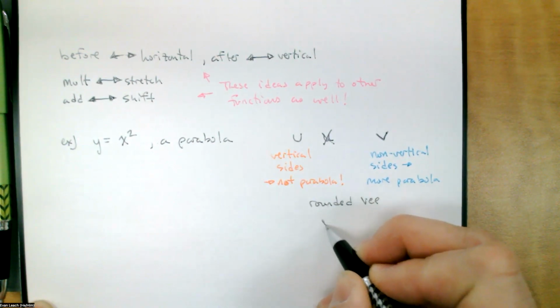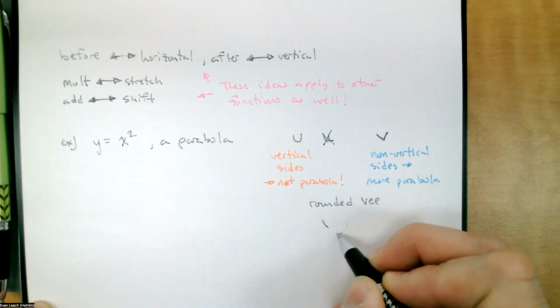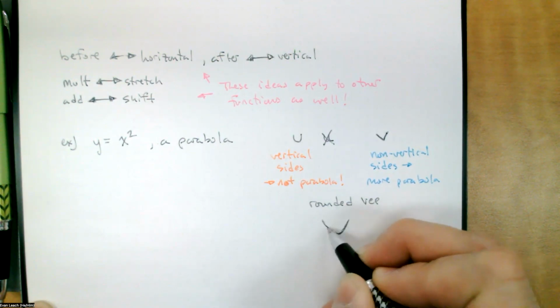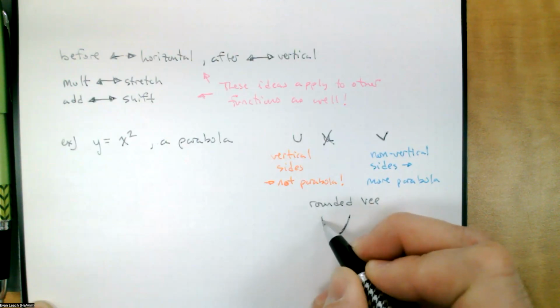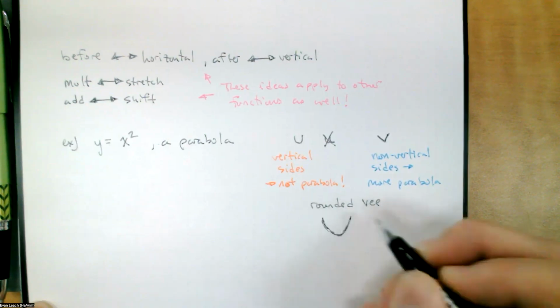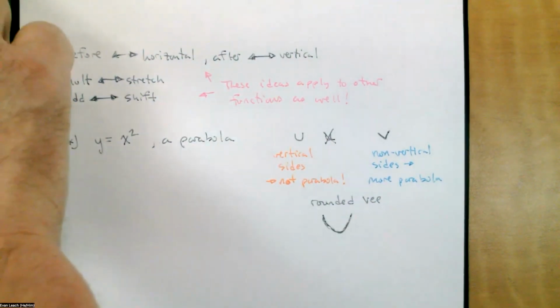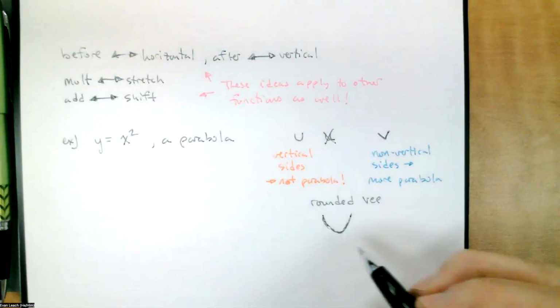So you want these, right? But you kind of want it round at the bottom. And then the sides are going to get steeper, but never go vertical. Now we're talking. Rounded bottom.